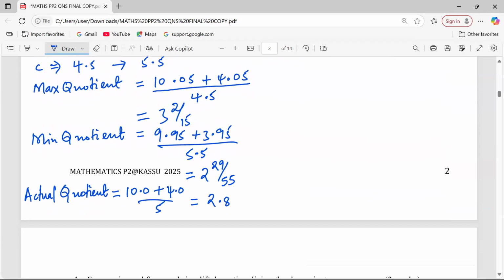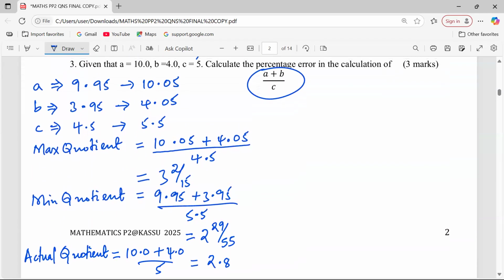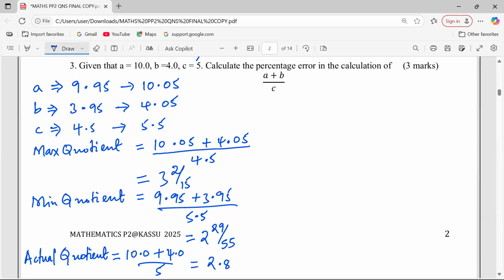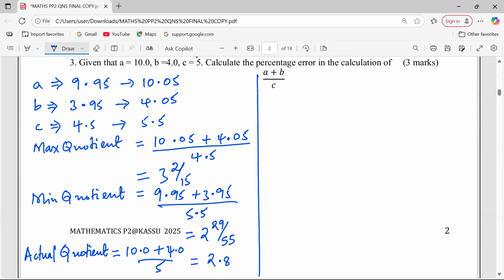2.8. So how do we get what we are calling percentage error? We first need absolute error in these computations. And absolute error shall be, we take maximum minus minimum divide by 2.